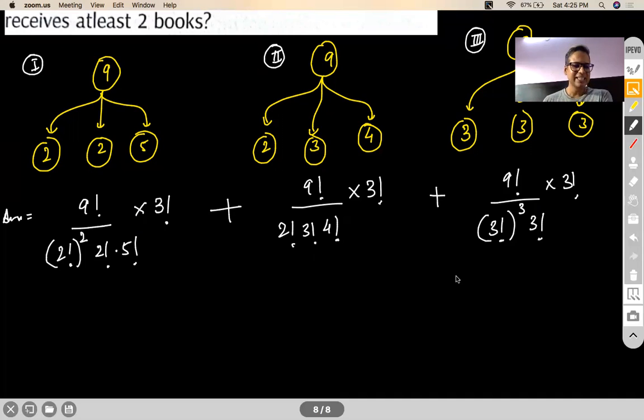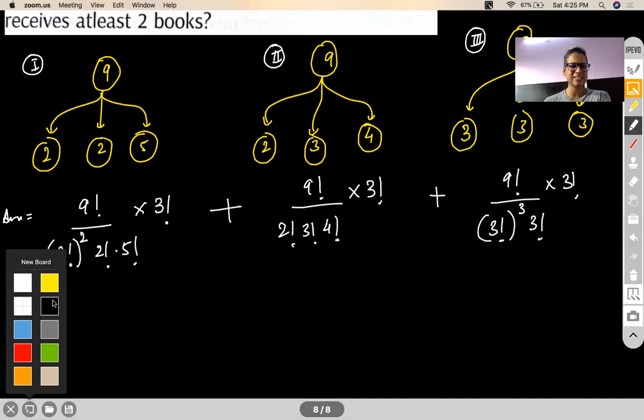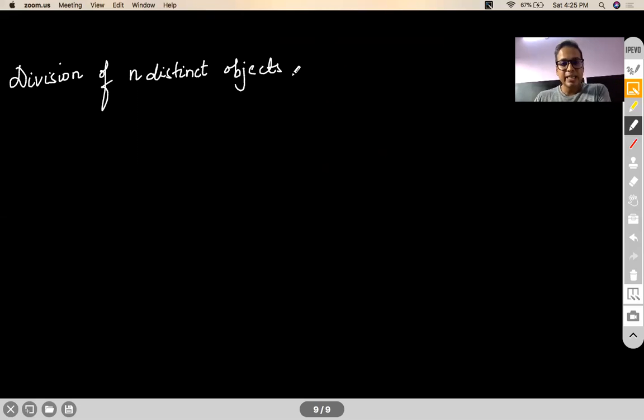Okay, next concept that we are going to talk about is division of n distinct objects into r distinct groups.